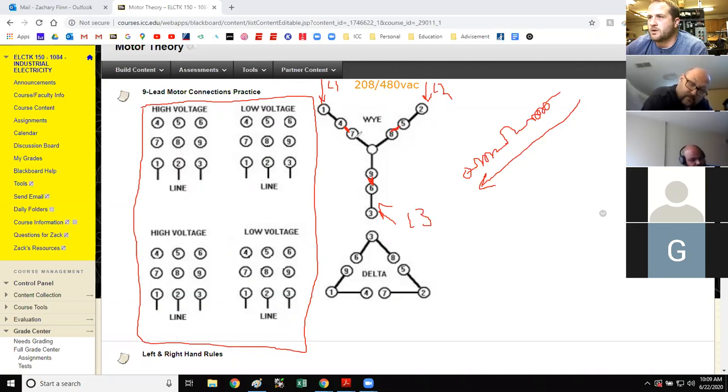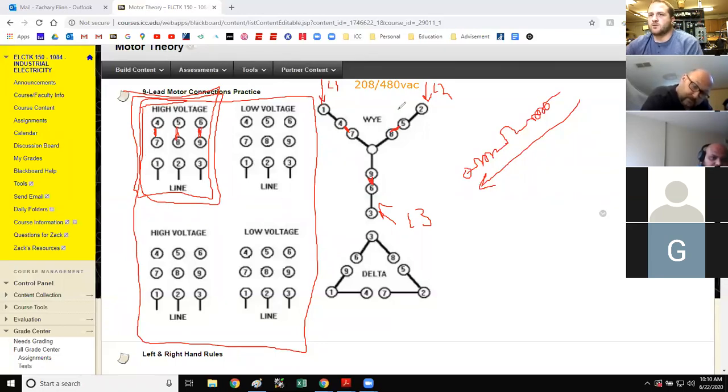So for high voltage Y, and you guys are going to need to know this for homework and quizzes: high voltage Y, 4 to 7, 5 to 8, 6 to 9. That's what the diagram on a Y motor would look like.